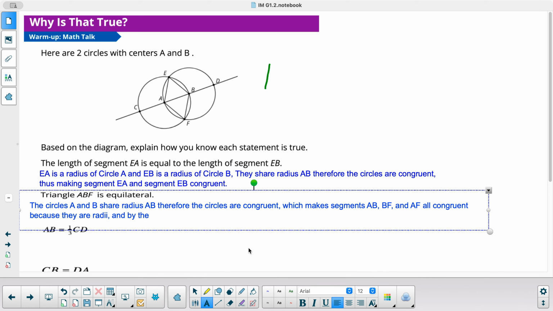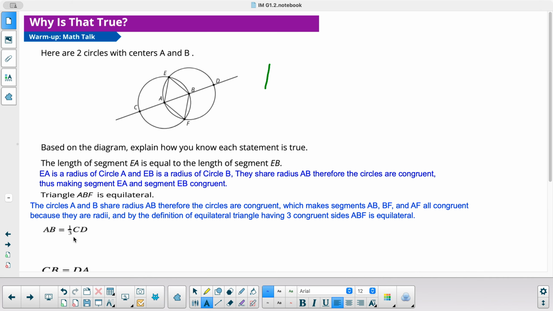And by the definition of equilateral triangle having three congruent sides, ABF is equilateral. Okay.